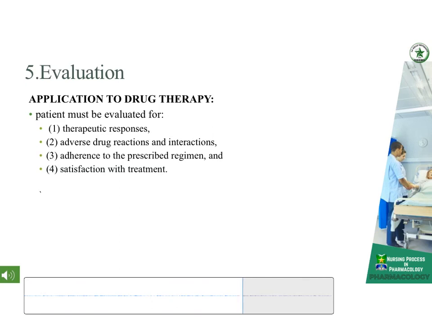Okay? So, we can say that patient satisfaction with drug therapy increases quality of life and promotes adherence. So, if the patient is dissatisfied with the therapeutic regimen, an otherwise effective regimen may not be taken as prescribed.